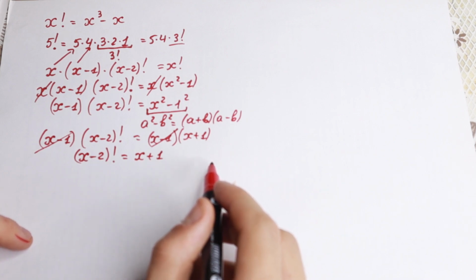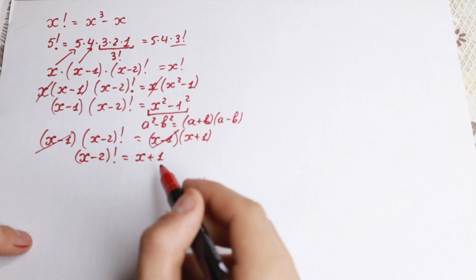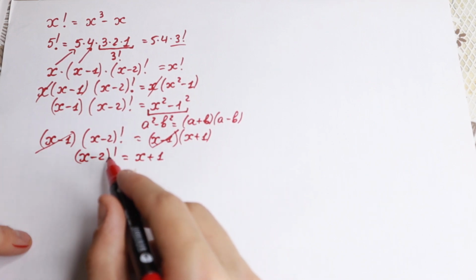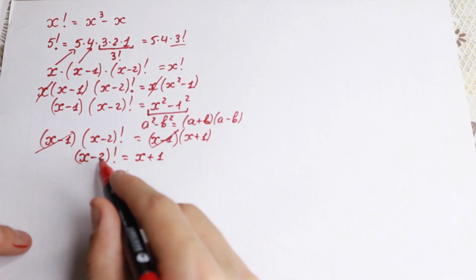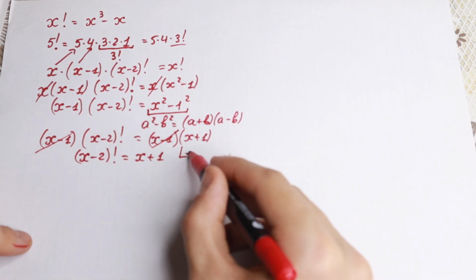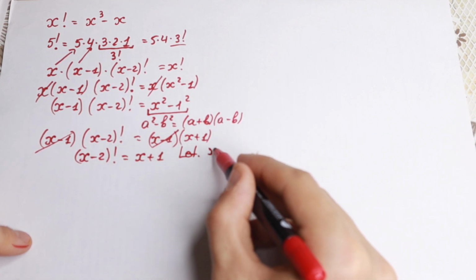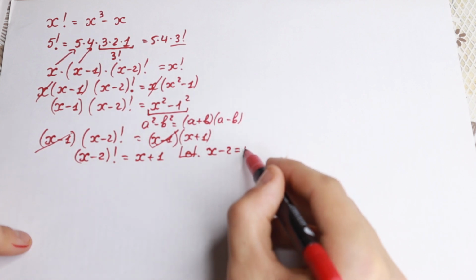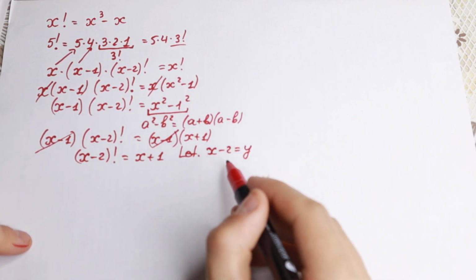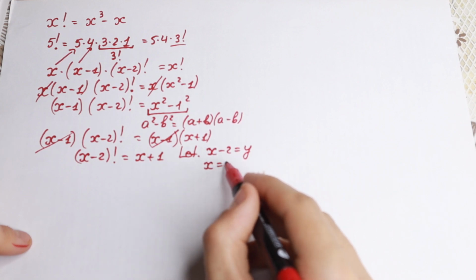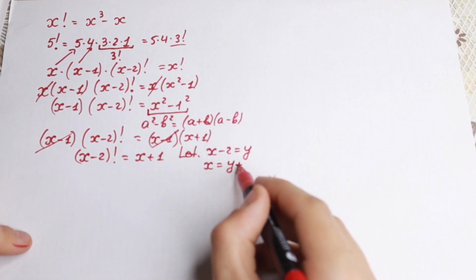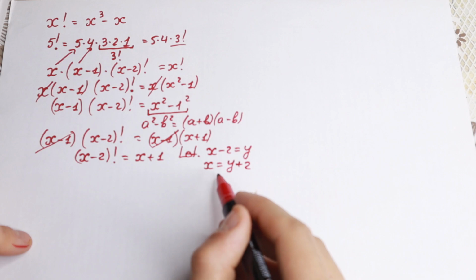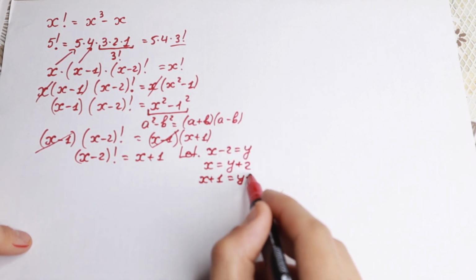And right now, it is really good to simplify this a little bit, because we don't need this x minus 2 factorial. This is not good for us. So let's use a substitution. Let x minus 2 be equal to, for example, y. So from here, x equal to y plus 2, and if we add 1, we will have x plus 1 equal to y plus 3.